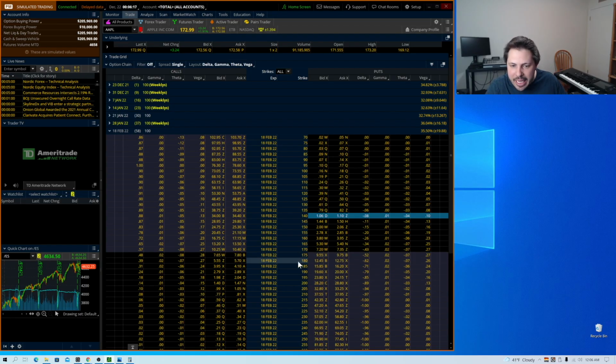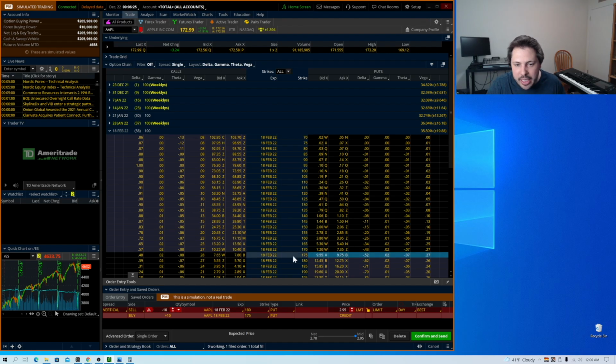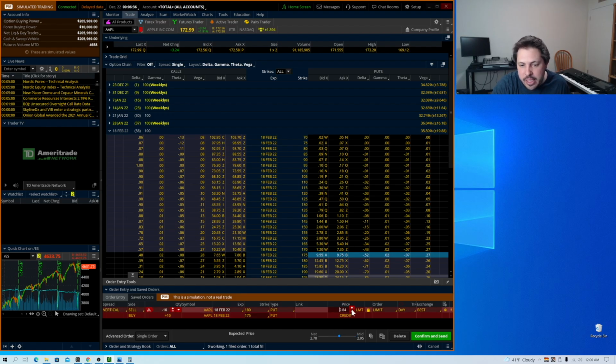The 180 put here in the money, we're going to sell this, okay? And then we're going to buy the option right below it, which again is a 5-point spread. But now look at what's happening. We're getting a much larger credit, which is actually the type of trades that I like to take.